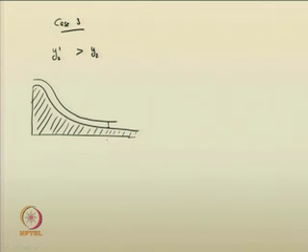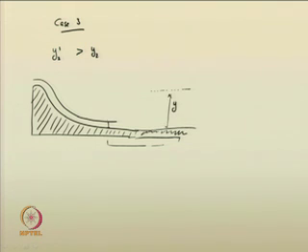Now, whether I need to provide a stilling basin within this reach. Say this is the sequent depth y 2. However, it is observed that the tailwater depth is y 2 dash.